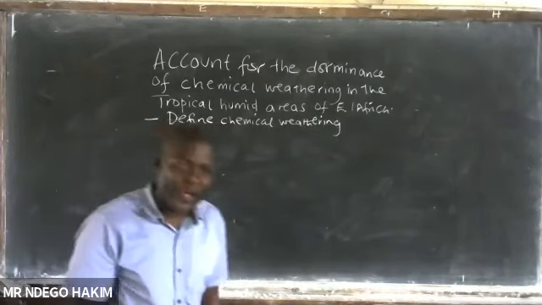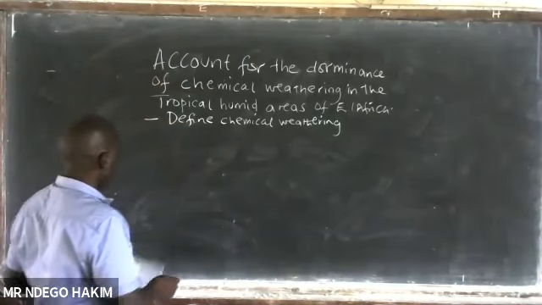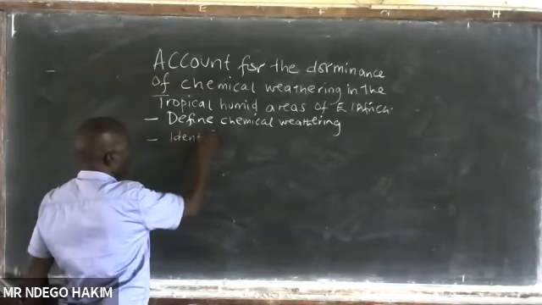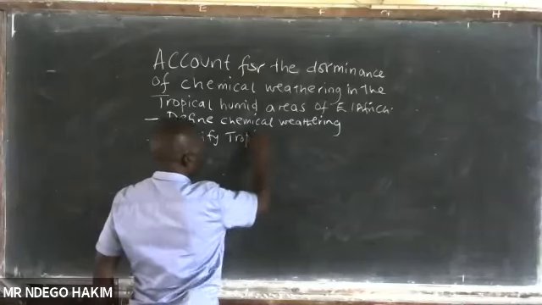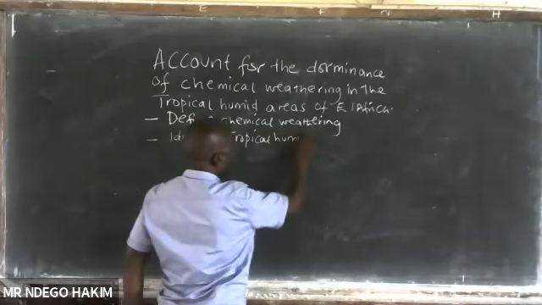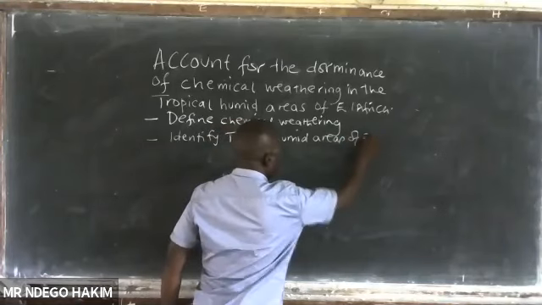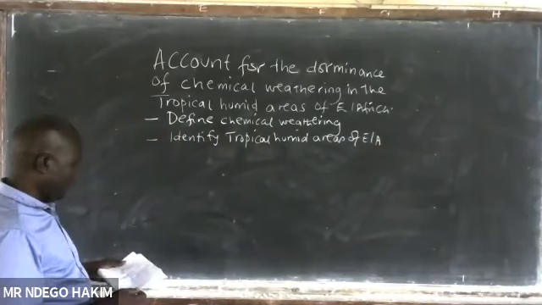Define chemical weathering. Second, we are going to identify tropical humid areas of East Africa.